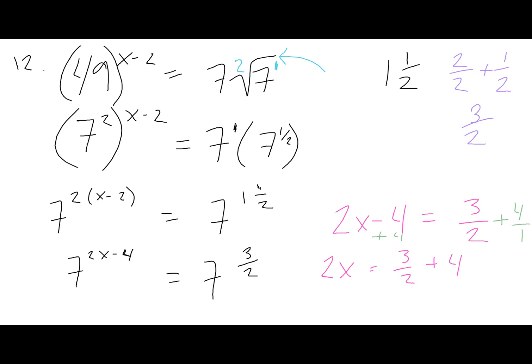All right, and then that 4/1, let's go ahead and rewrite that as an equivalent fraction. So that would be 8/2. I want a common denominator so that I can add these together. So 2x equals 3 plus 8 is 11/2.